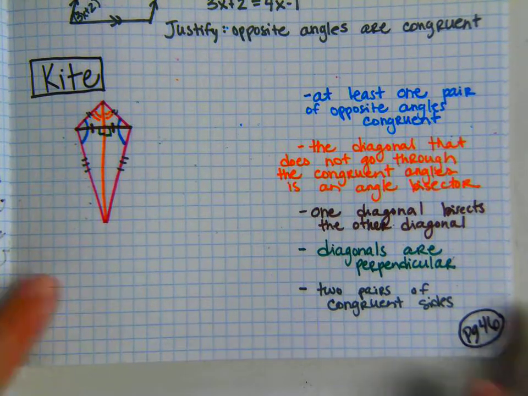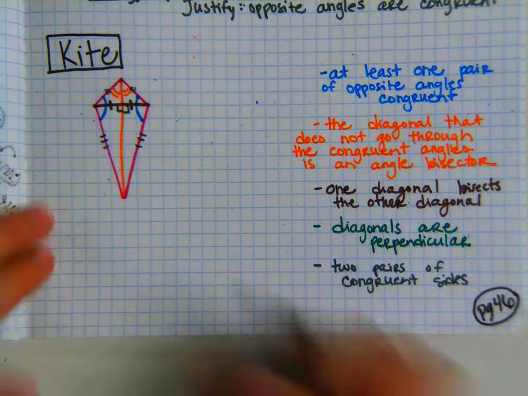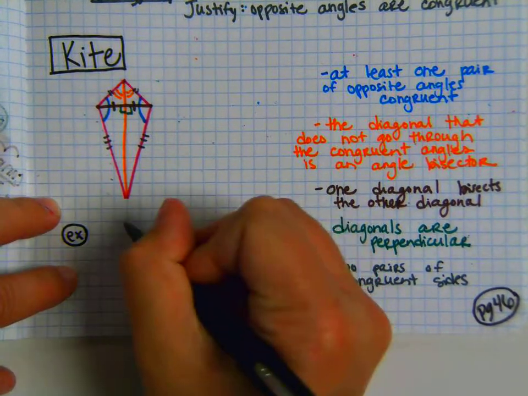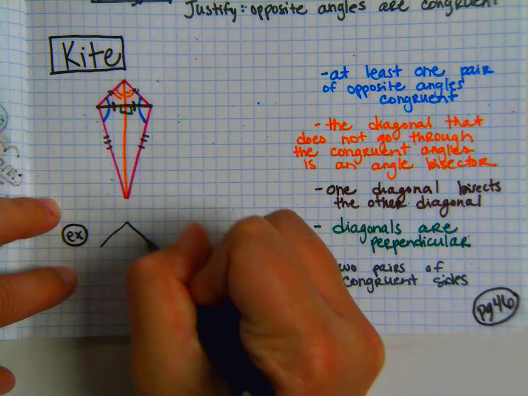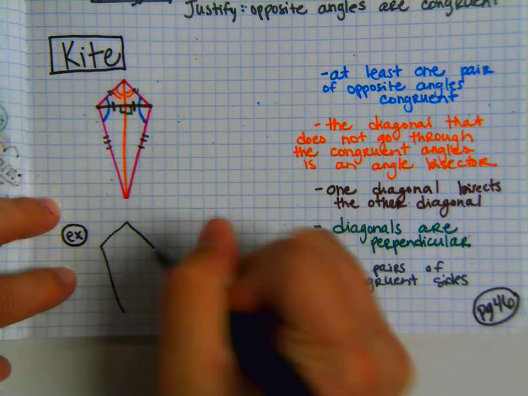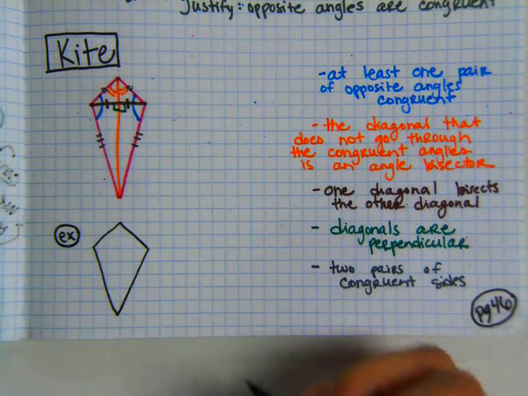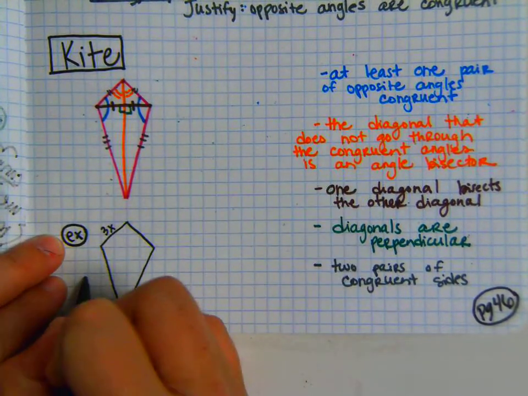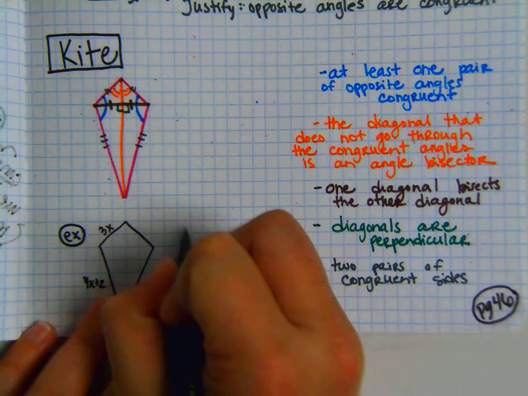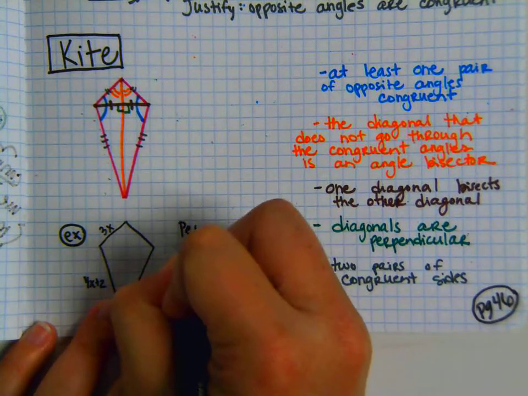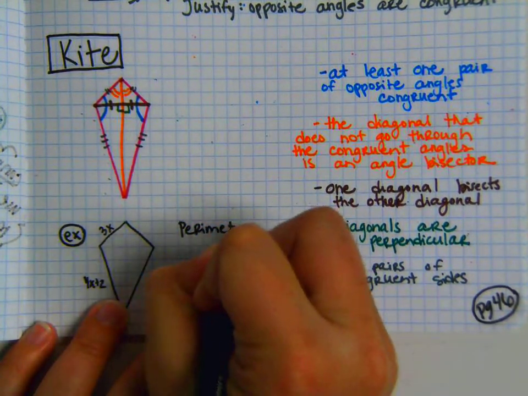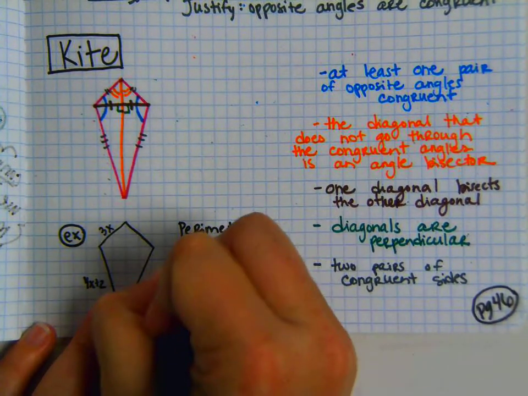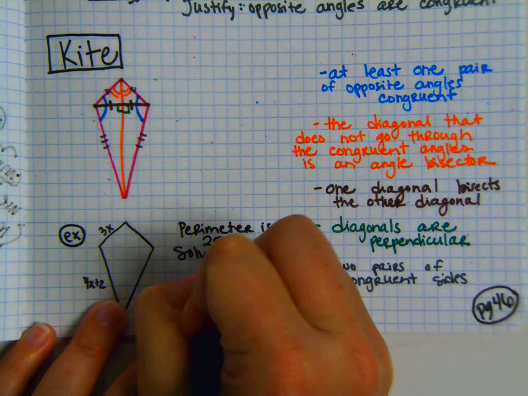And then when would we use this information? Well, let's do a little example over here. We could say the perimeter is 25, solve for x. Okay.